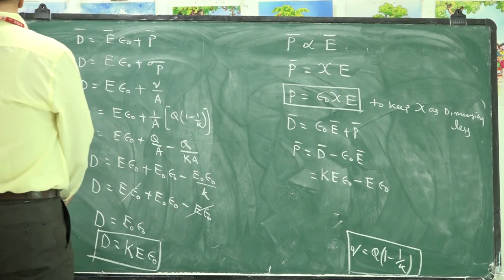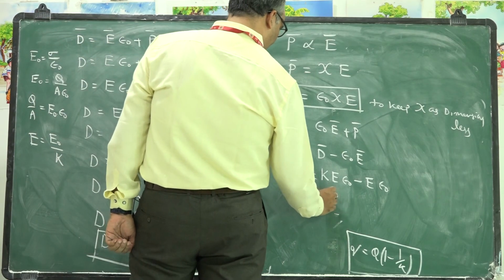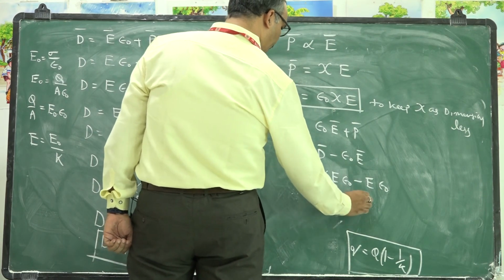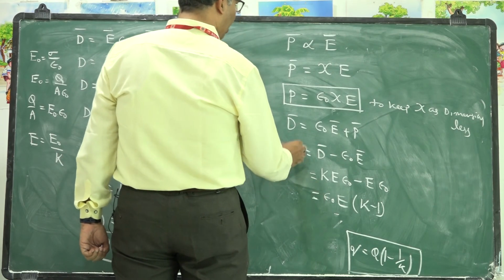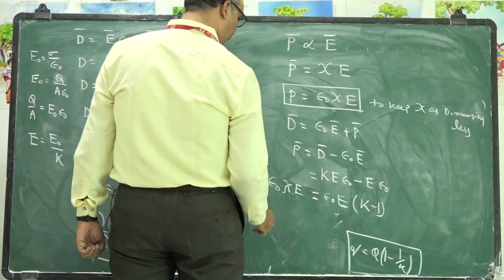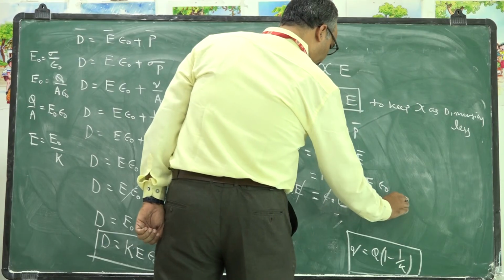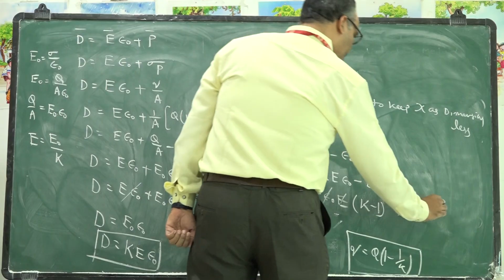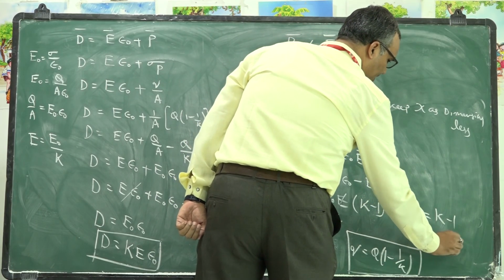If you take epsilon naught E common, then you will get K minus 1. Already we mentioned that it is epsilon naught chi E. Epsilon naught E gets cancelled. So you are left with chi is equal to K minus 1. Then K is equal to 1 plus chi.